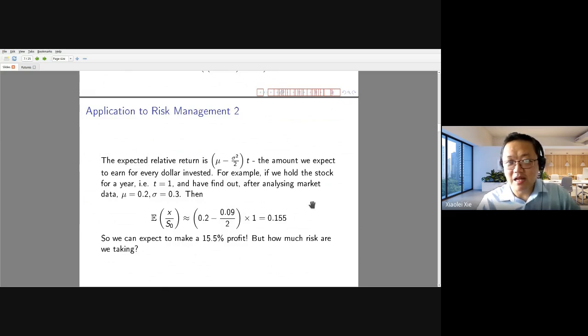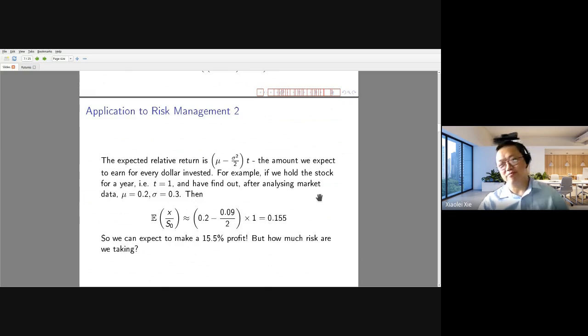The way to do it is, of course, we look at the historical stock prices, and we'll calibrate this model and find out the values of the parameters mu and sigma. Then we just insert the calibrated values of these two parameters into this expression to get our expected relative return.